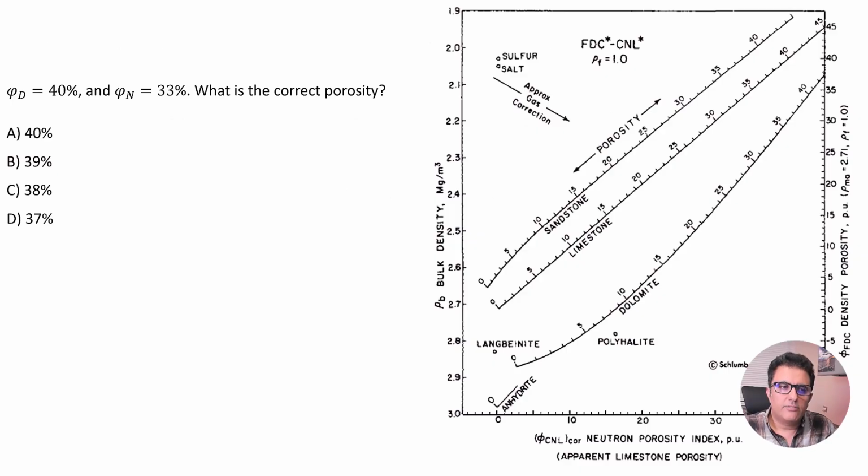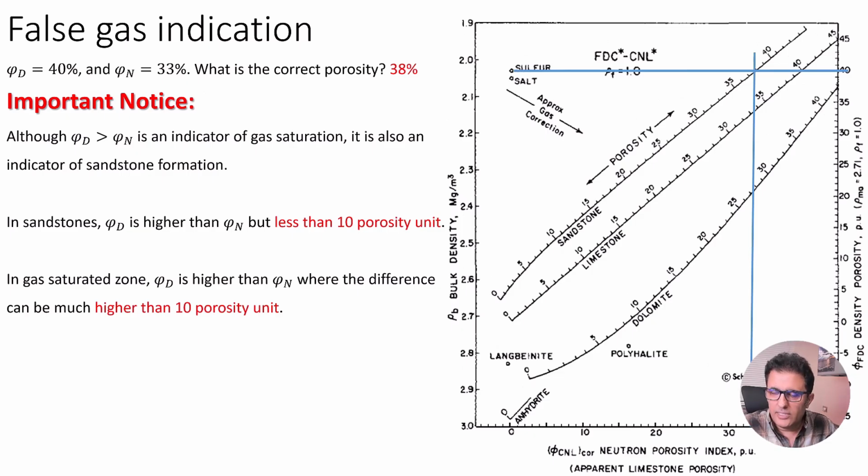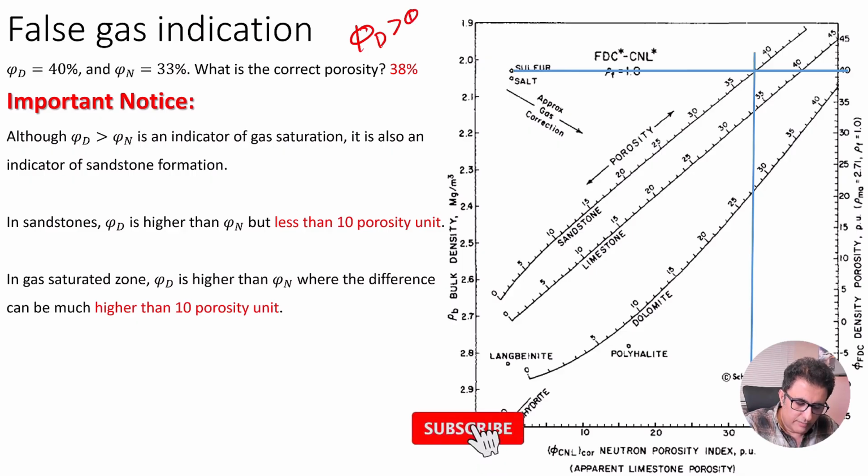Now assume that phi d is 40% and phi n is 33. What is the correct porosity? If you look at the chart, you may notice that the correct porosity is 38%. This is an example where the formation is not saturated by gas, but you see that phi d is greater than phi n.